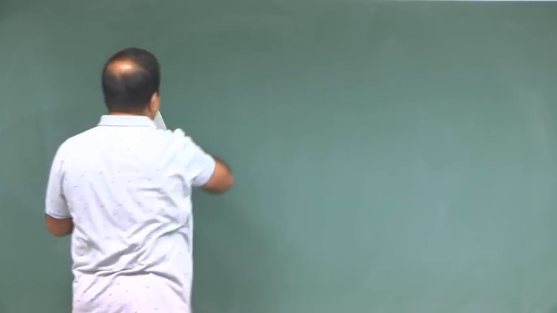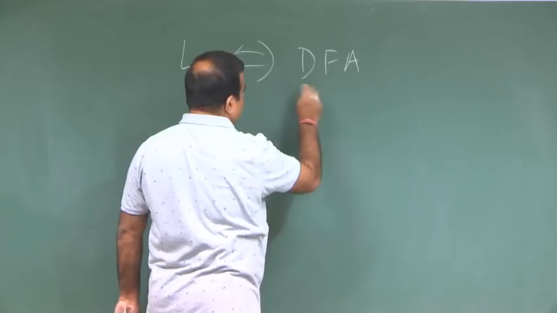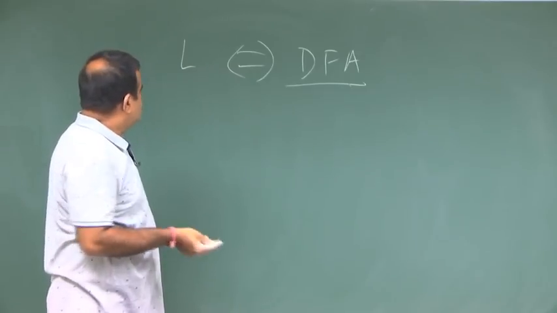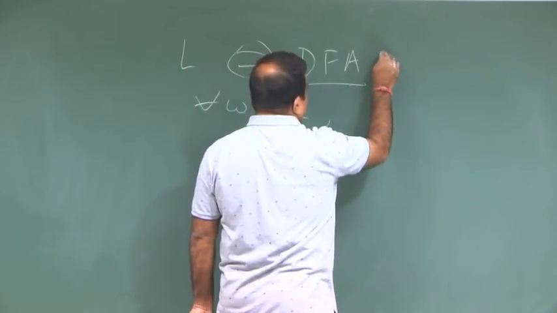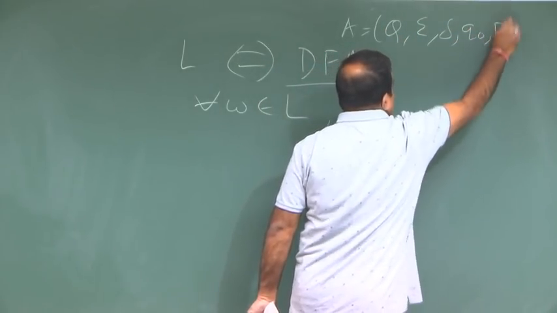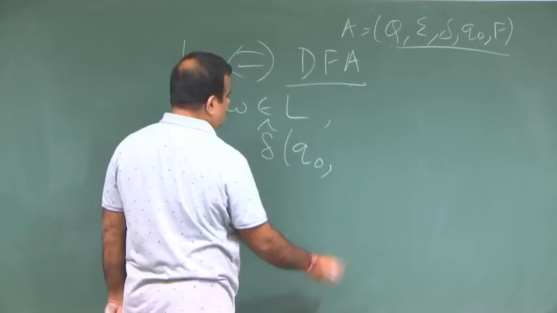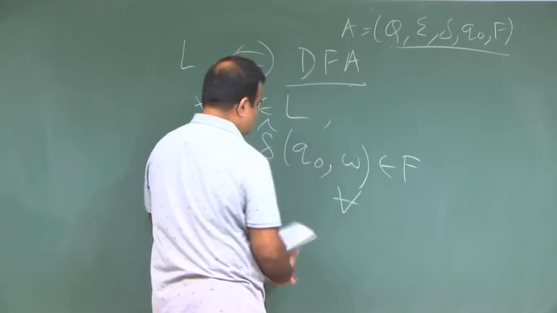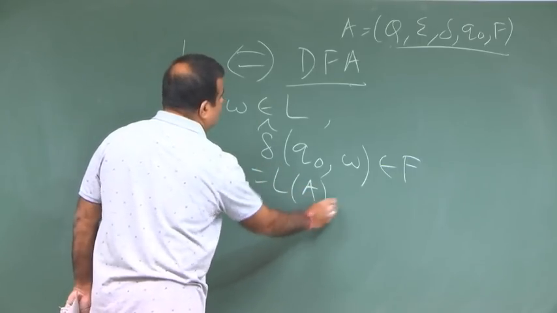Regular language means a language will be regular if there is a DFA, deterministic finite automata, which is accepting this language, such that for all strings w from this language, delta hat of q0 w will be in F. Then we know this is called the language of that DFA.